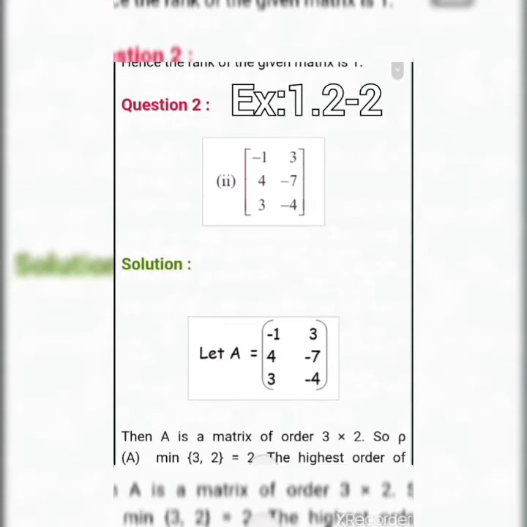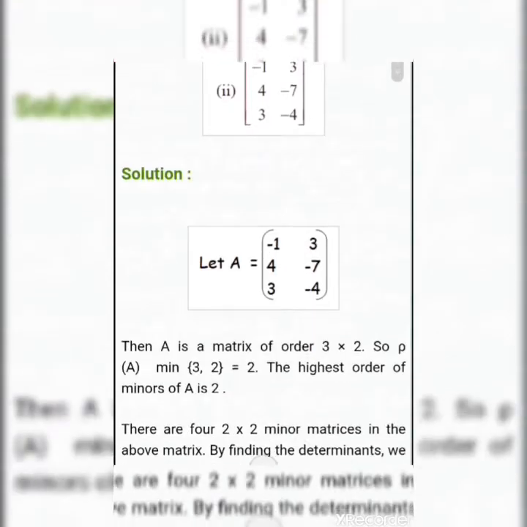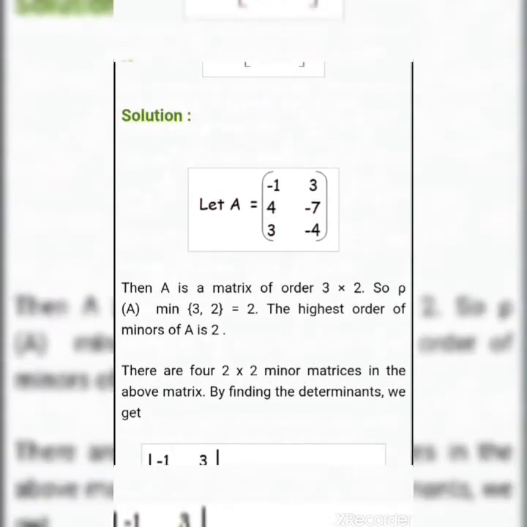The question number 2. Matrix of order 3 by 2. Let A equal to the matrix with rows minus 1, 3; 4, minus 7; 3, minus 4.